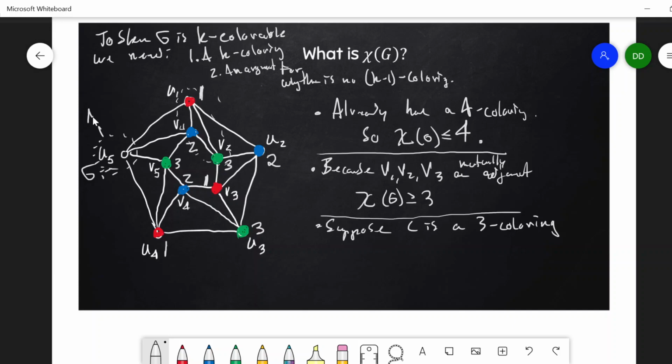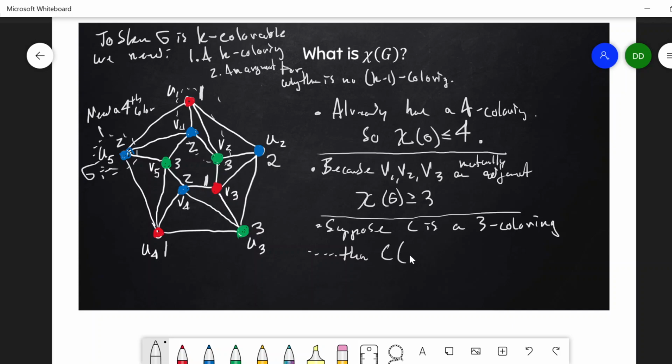So here we need a 4th color. One way we would write this is as a contradiction, right? We would say since it's adjacent to a 1 and a 3 here, it must be colored 2. So we did a lot of talking here that we would write down.